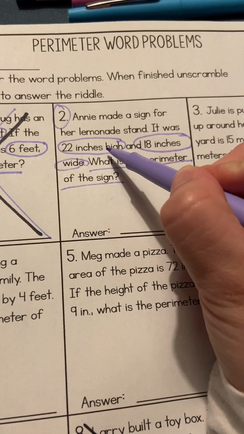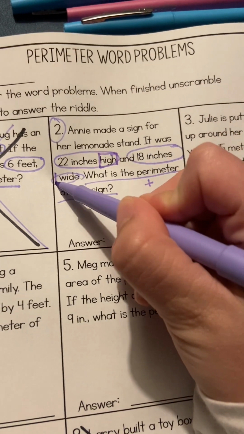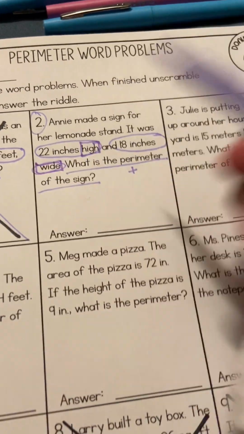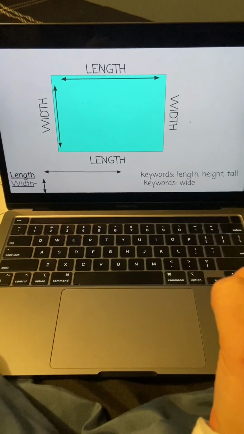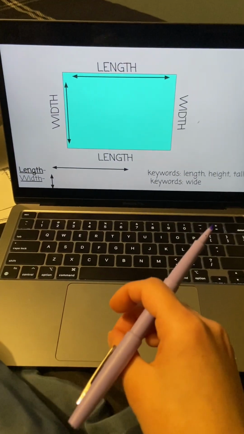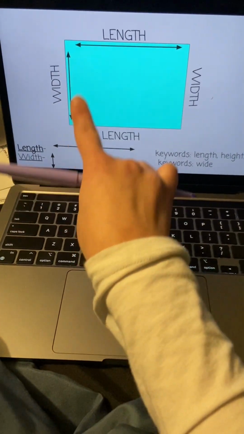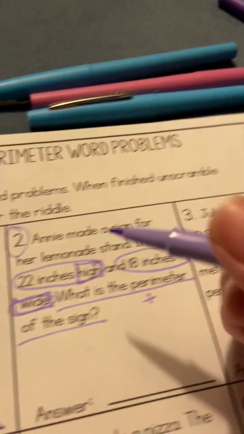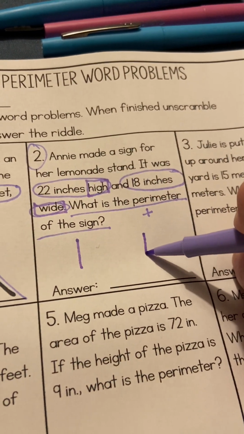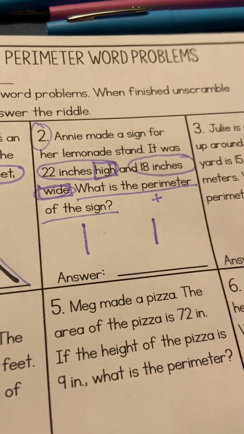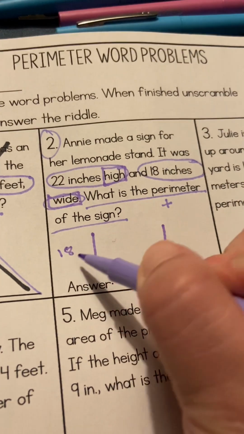Next, I'm seeing these keywords, 22 inches high, 18 inches wide. So I'm going to take a look at the slide that I had for you guys before. And it says that it's 18 inches wide. So I see that keyword. Wide goes this way. So I'm going to start drawing the sides of Annie's lemonade stand, and that is 18 inches.